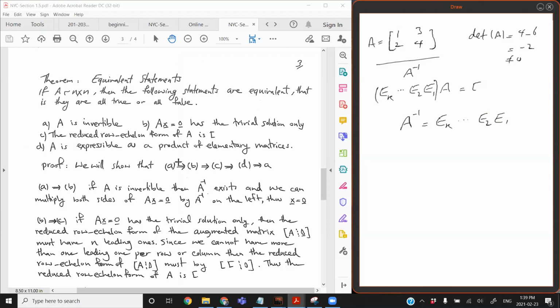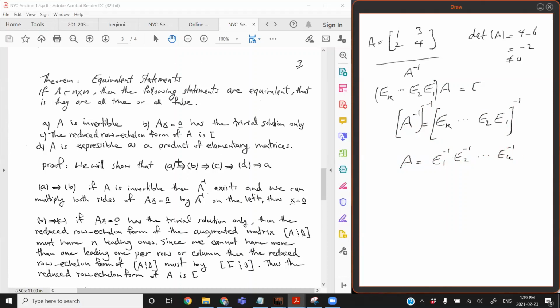And now if I find the inverse on both sides, that is, if I put a bracket around the left side and invert that, and put a bracket around the right side and invert that, I'm going to get A equals E1 inverse, E2 inverse, all the way to EK inverse.